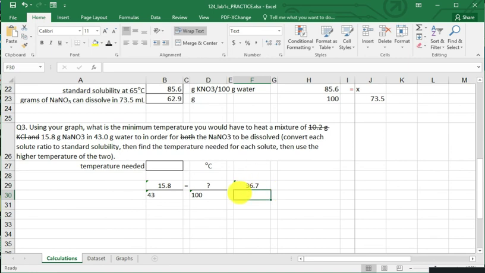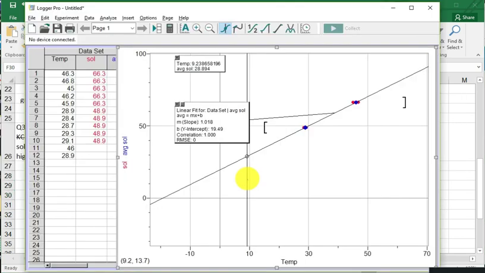So I want to find out at what temperature is there a solubility of 36.7. So I go back to my graph. Now, instead of looking at the temperature, I'm looking at the solubility. I want to move it till it says 36.7. 36, whoops, I went a little.